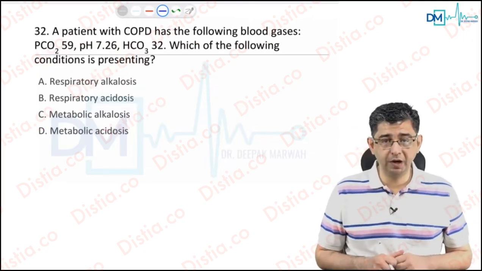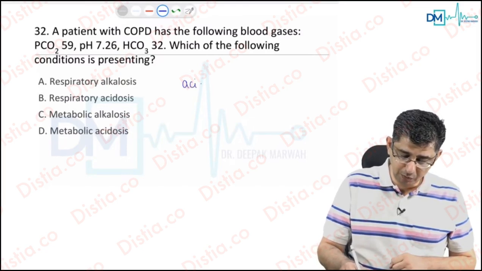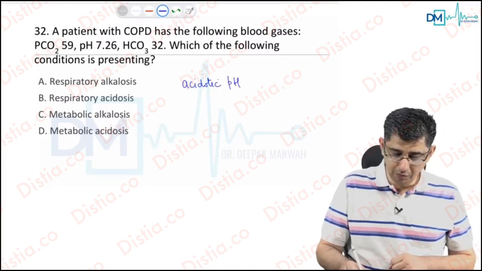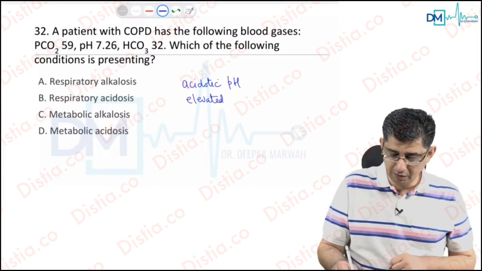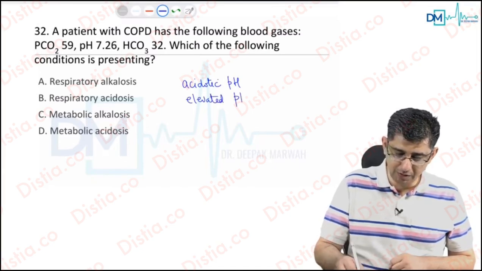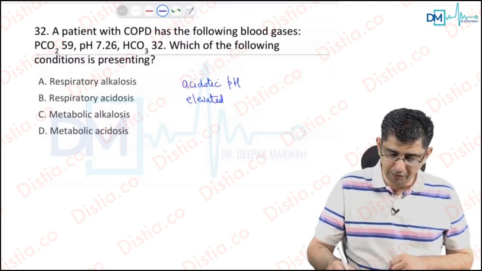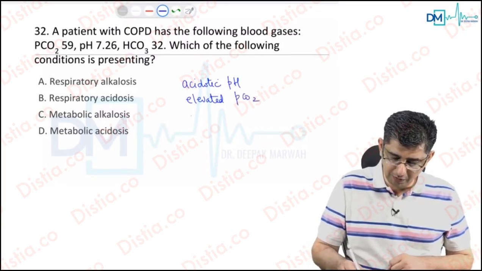A patient with COPD has the following blood gases. The pH of this patient is 7.26, so he has an acidotic pH. The values of PCO2 are elevated, so that explains the fact that he probably has a respiratory acidosis. If I look at the value of bicarbonate in this fellow, bicarbonate is also elevated.